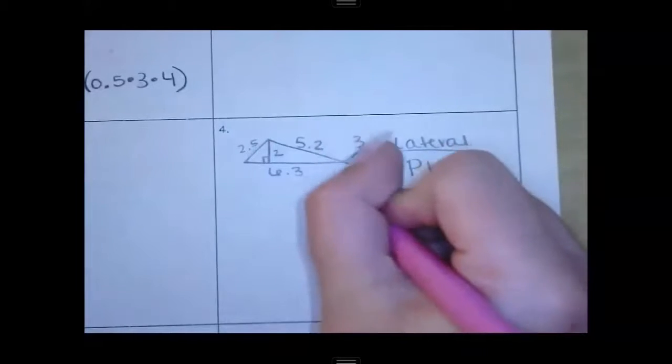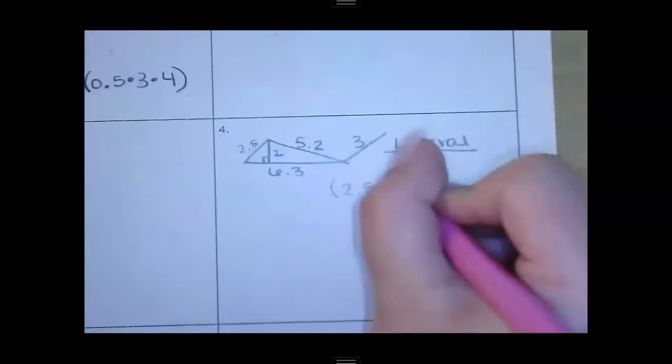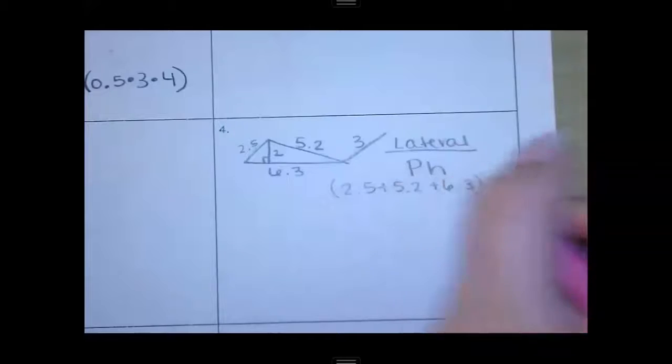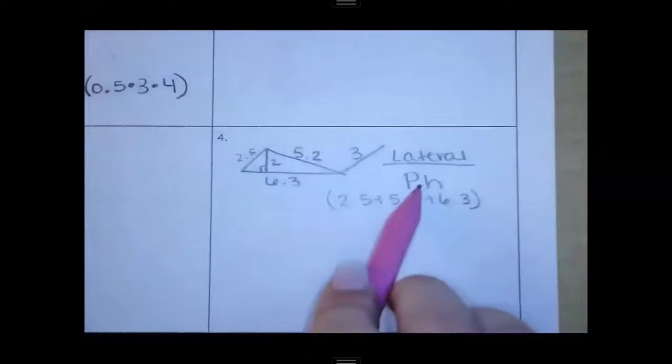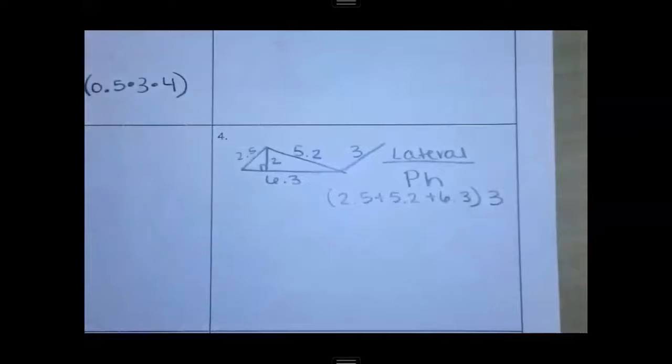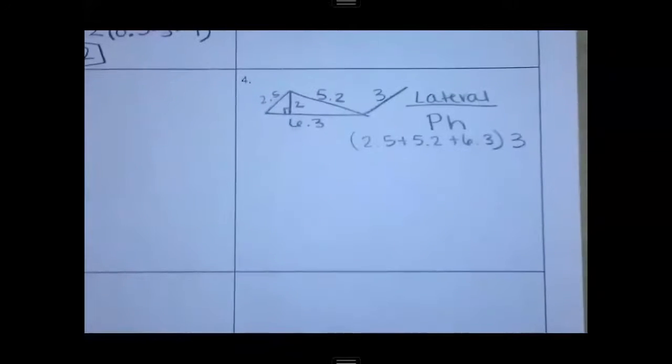So for this one, it's 2.5 plus 5.2 plus 6.3. And then times the height of the prism, which is 3. Then your last step is to calculate. So type that in on Desmos.